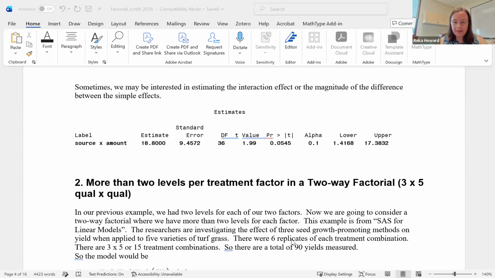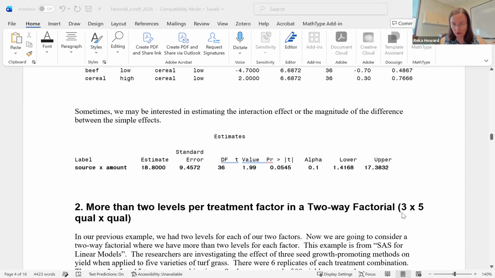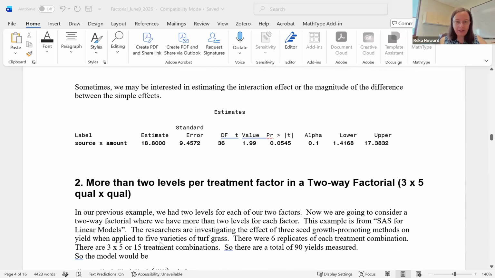We are investigating 3 seed growth promoting methods. So as I mentioned, it's a 3 by 5. So we have 3 methods and we have 5 varieties. Again, these are qualitative factors. So we have 3 by 5, so 15 treatment combinations.